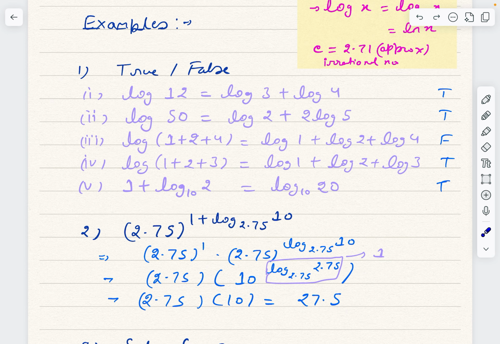How do we see this? See, we have 2.75 raised to power 1 plus something, so we can break the power, no? If I have a power b plus c, I can write it as a power b into a power c. So I'll write here 2.75 power 1 and 2.75 power log base 2.75 of 10. Now this 2.75 is outside here, you remember we can interchange these numbers.